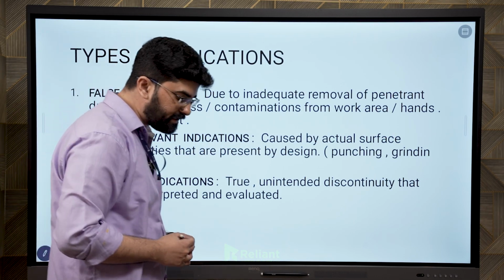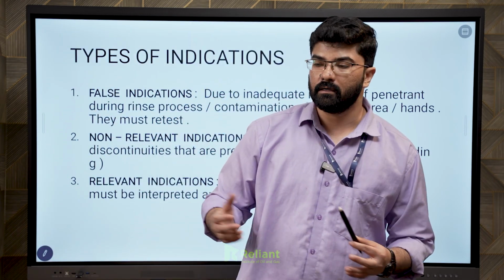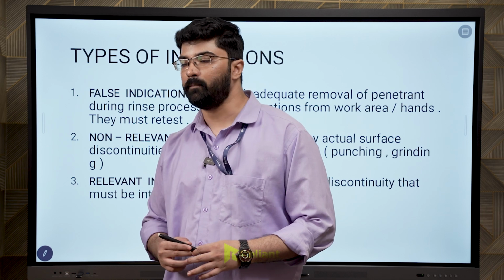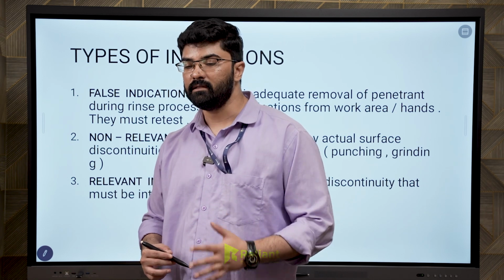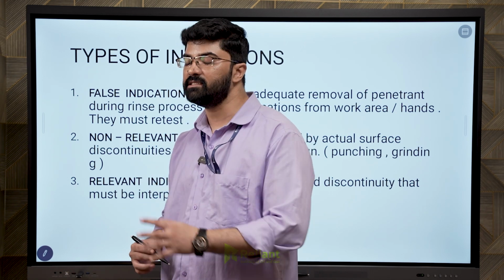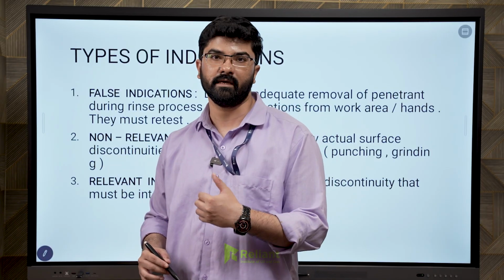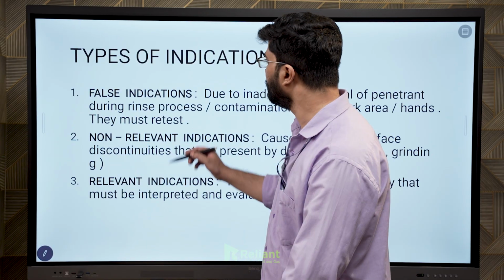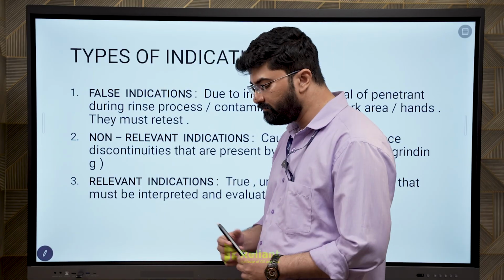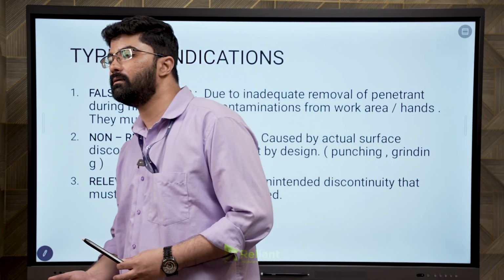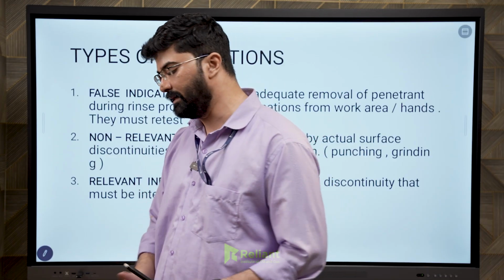So, types of indication. When we conduct the testing, many indications will be obtained, but how do we know which indications are defects, which are not defects, or which are due to our mistake or the technician's mistake? False indication occurs when you do not remove the excess penetrant properly.